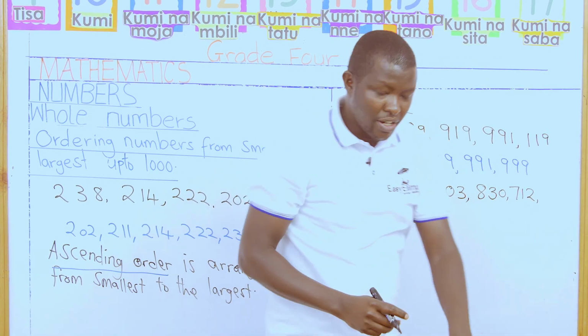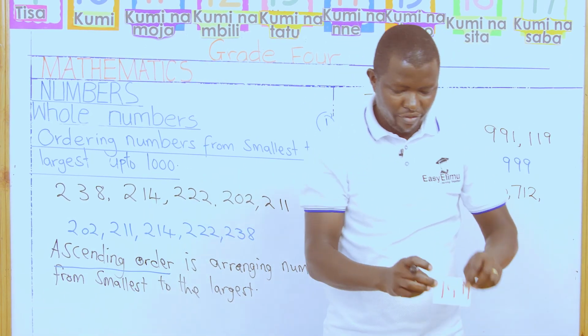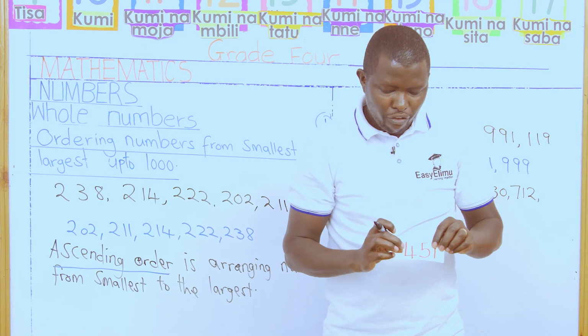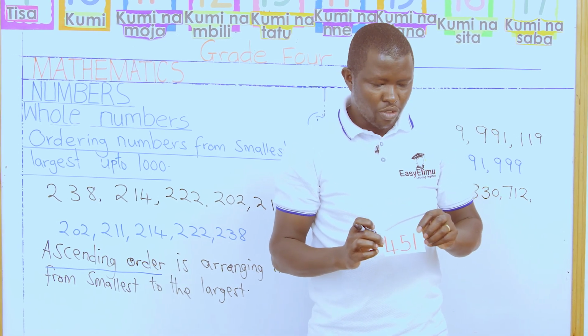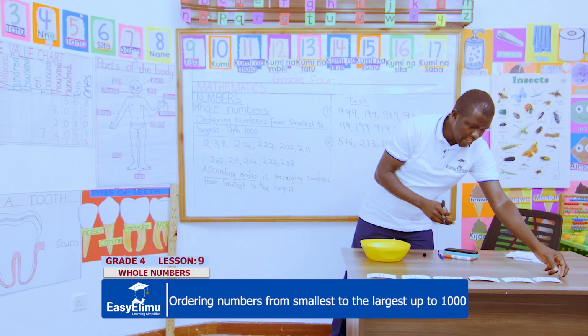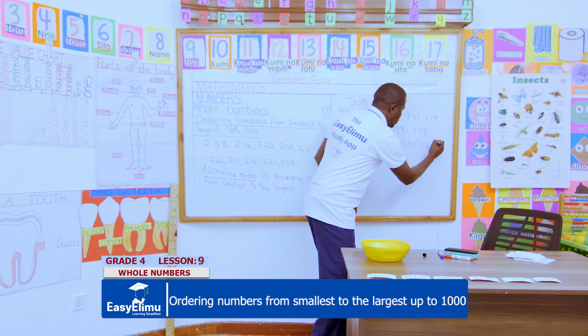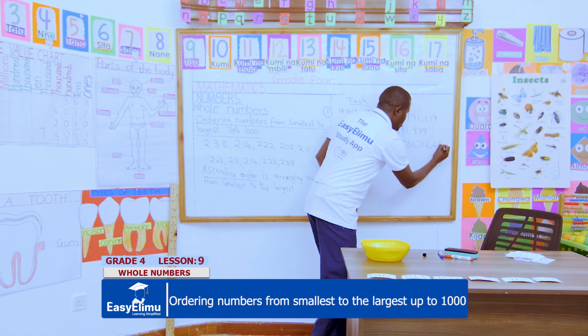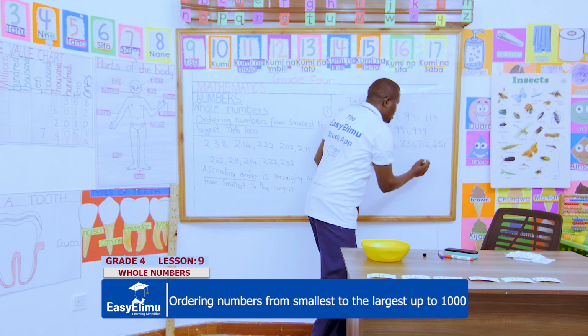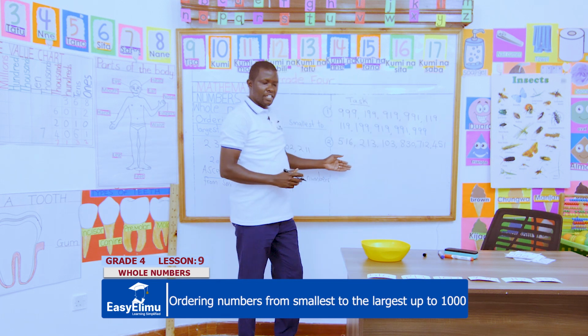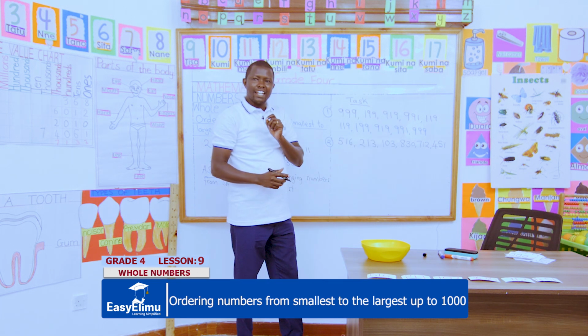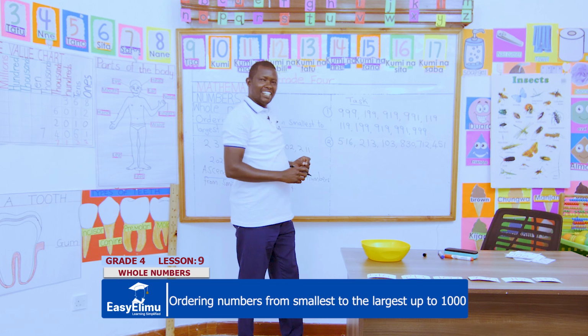And the last final number, this one, the fifth, is 451. Class, arrange these numbers in an ascending order.